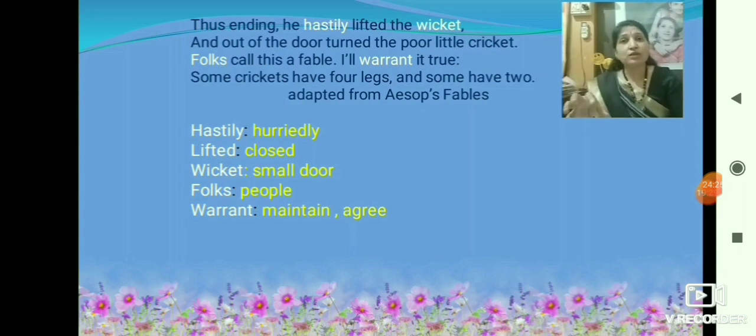Crickets here actually are presented as characters of human beings. Two-legged crickets are we people, human beings. And four-legged crickets are the insects. Those types of people are here in our whole world, on this earth, in the form of human beings.